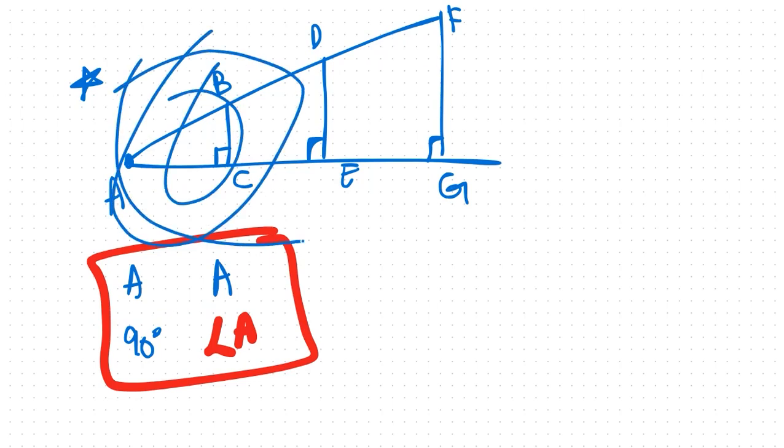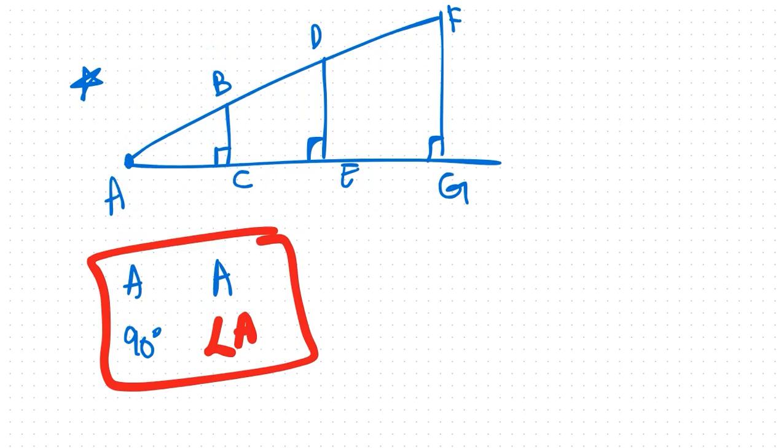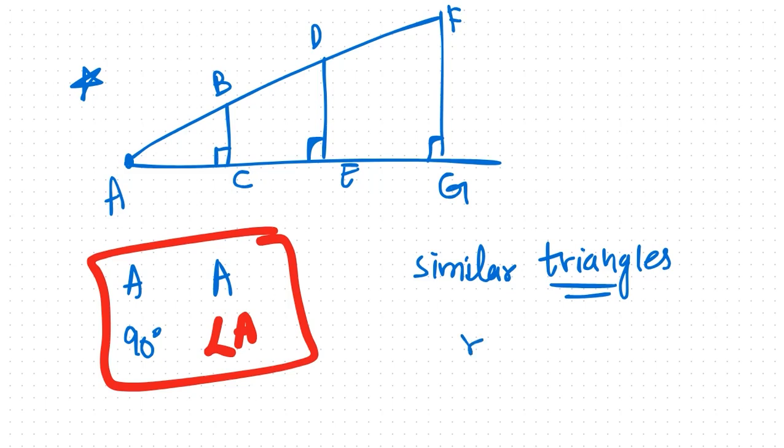Similar triangles means the ratio of corresponding sides is the same.